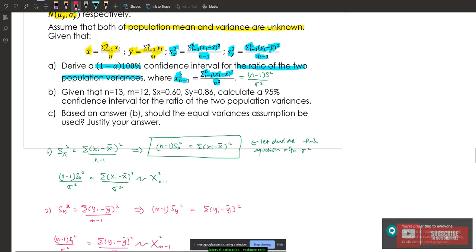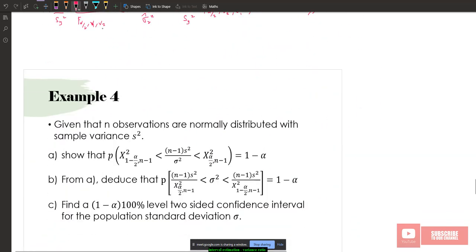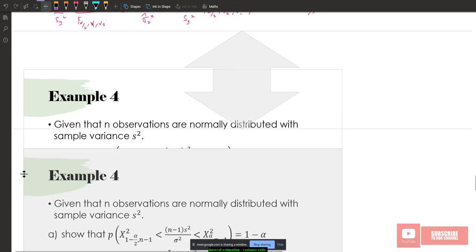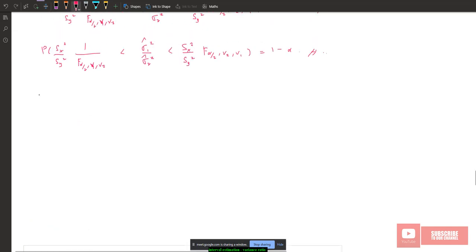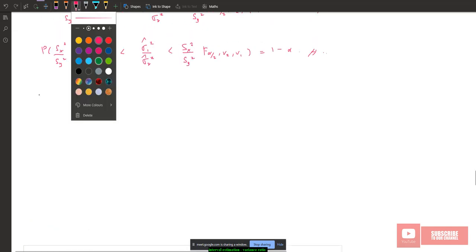For B, given that n equal to 13, m equal to 12, sx equal to 0.6, sy is 0.86. So we need to calculate the 95% confidence interval for the ratio of two population variances. So it's just very simple. We just need to plug in the values. Right. So let's use another color.